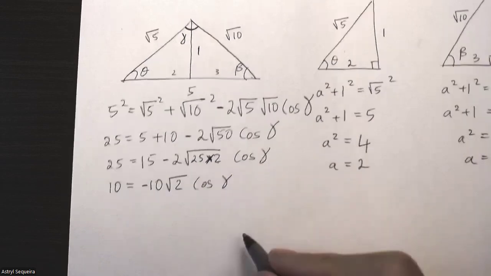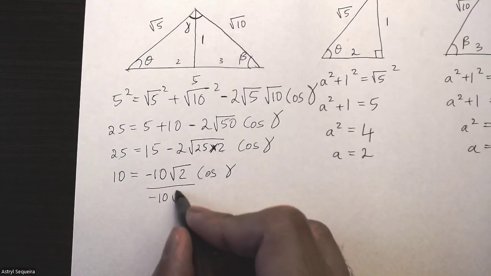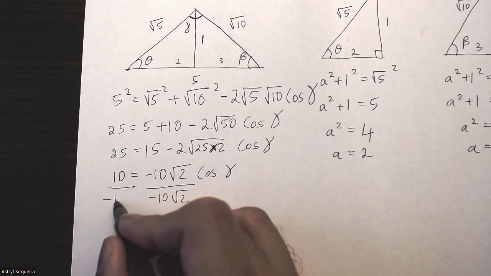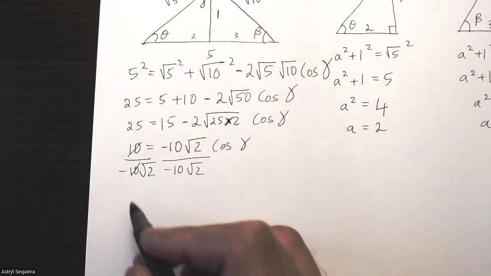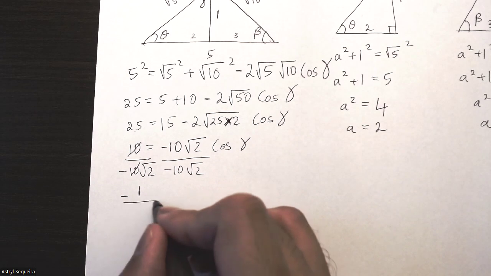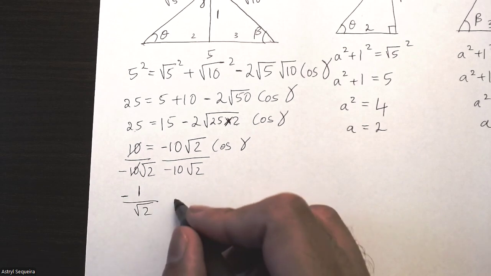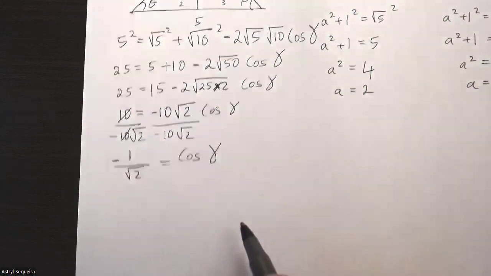Then cos gamma. Then I'll divide both sides by negative 10 root 2. This 10 and this 10 cancel, and I'm just left with negative 1 over root 2 equals cos gamma.